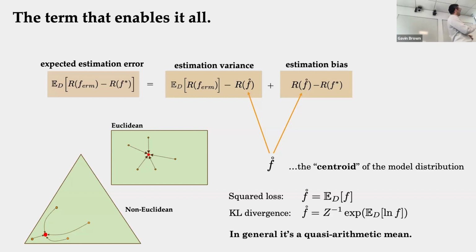In general, this F with a circle over the top is a quasi-arithmetic mean, and it allows you to talk about the closest model on average to all possible models according to the geometry of the loss function. I'm not going to go into any more details of that, but this concept of the centroid is the term that enables most of the proofs in the work, and figuring out what the dynamics of this are is an ongoing challenge.